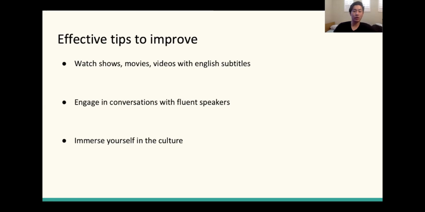Next will be to engage in conversations with fluent speakers. Again, this allows you to feel and hear the flow of the way we speak. And again, with the slangs, because I feel like that's usually the hardest part of learning a new language, because you usually won't even hear these slangs unless you speak to a native speaker or you just hear it in public.